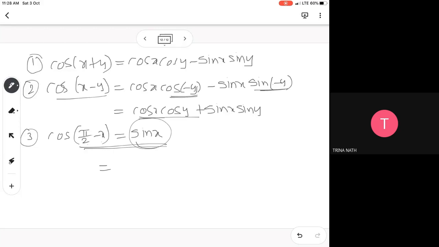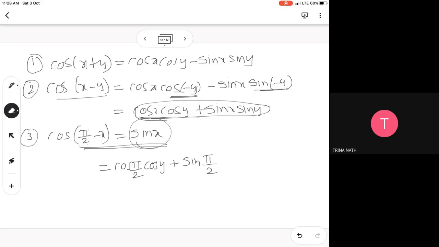Here you have to write, in the place of x, pi by 2: cos pi by 2 cos y plus sin pi by 2 sin y, and in the place of y, x.